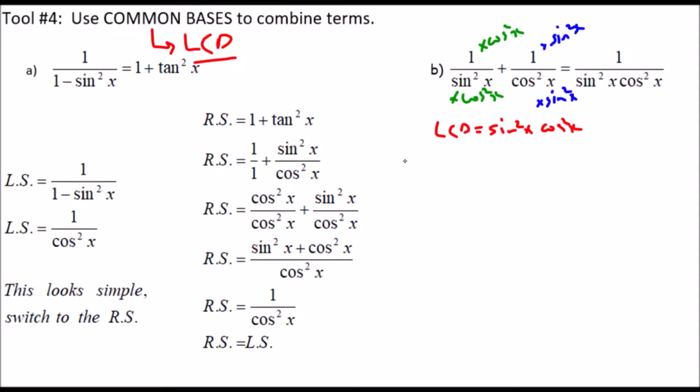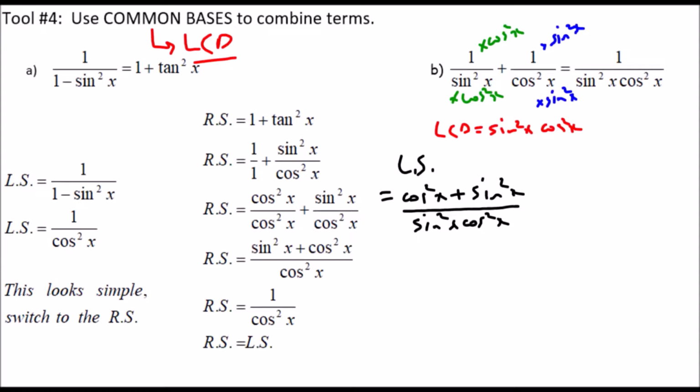What do I really have here? Well, left side, I'm going to have all over my lowest common denominator, which is sine squared x cos squared x. On the top, I'm going to have a cos squared x, plus on the other one, a sine squared x. Hopefully you can see what I'm going to do here.